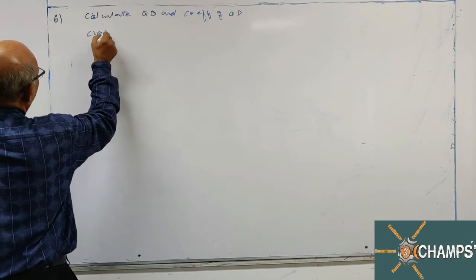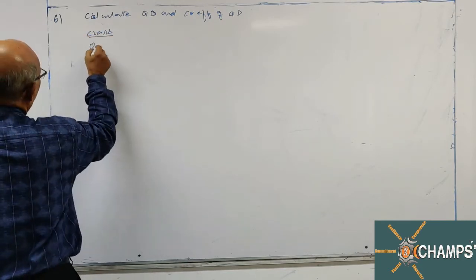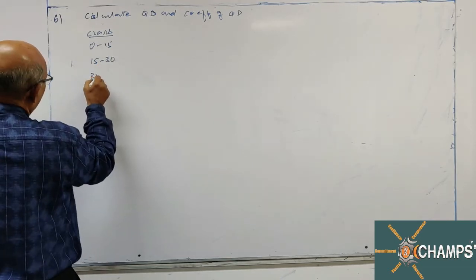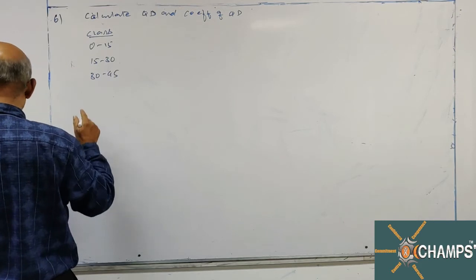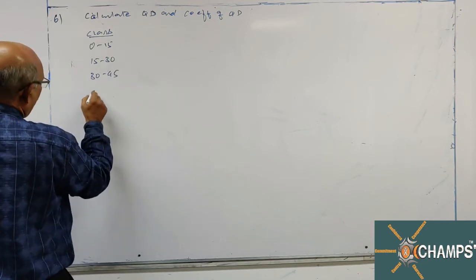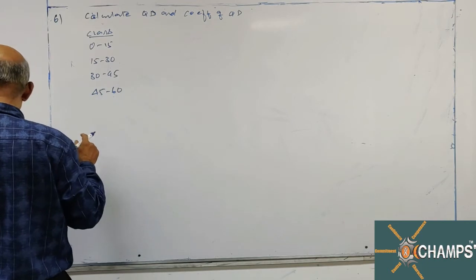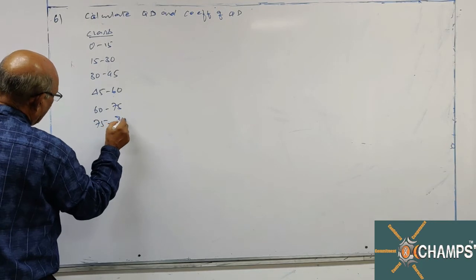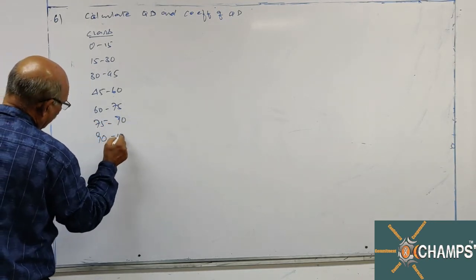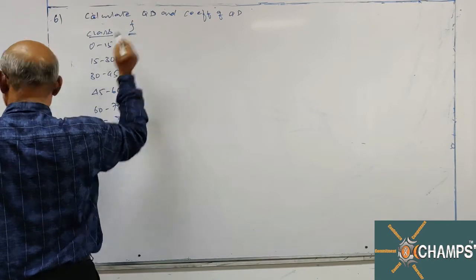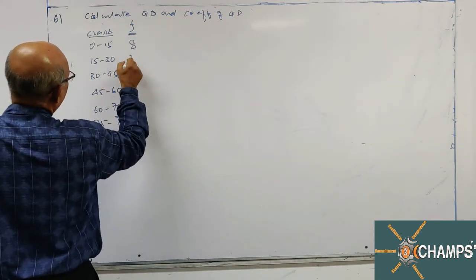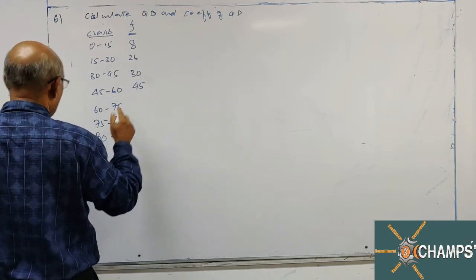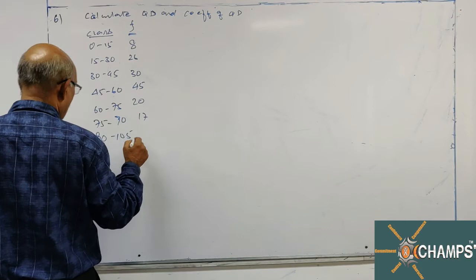This is a class: 0 to 15, 15 to 30, 30 to 45, 45 to 60, 60 to 75, 75 to 90, 90 to 105. Frequency: 8, 26, 30, 45, 20, 17, 4.